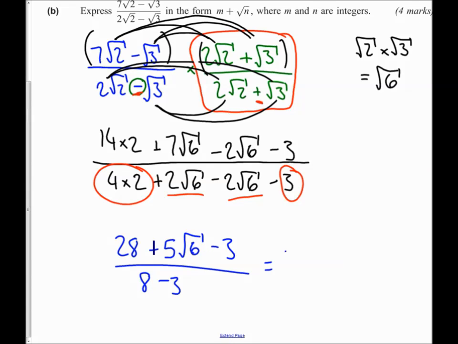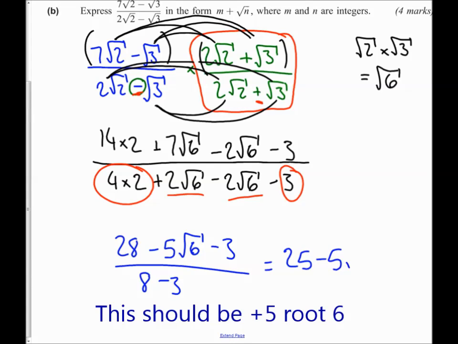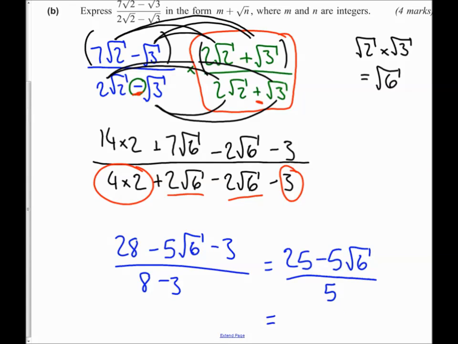So I get 25 plus 5 root 6 over 5, and then because everything on the numerator and the denominator is times by 5, I can cancel my 5's, and that will leave me with 5 plus root 6. And if we have a look back, that is in the form m plus root n, where m and n are both integers.